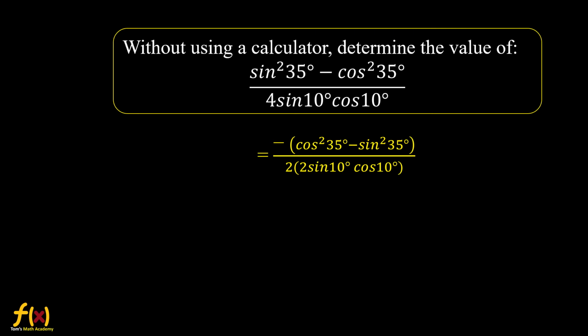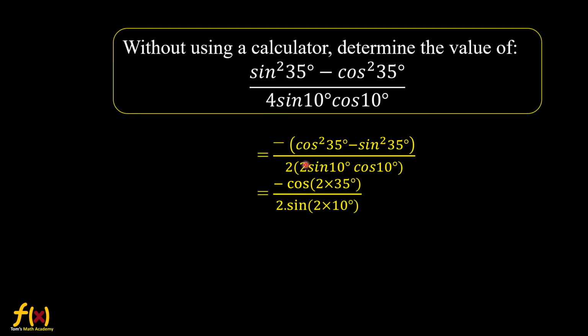Now we can apply the double angle formula here. Numerator. What is the numerator? Minus of cos square 35 minus sin square 35. That is cos square alpha minus sin square alpha, which is cos 2 alpha. 2 times 35 gives us 70.